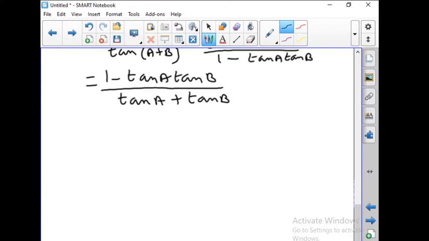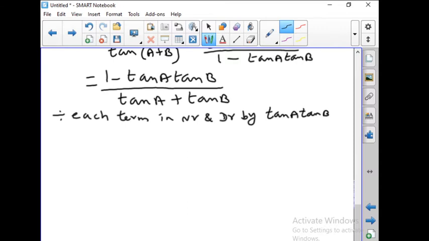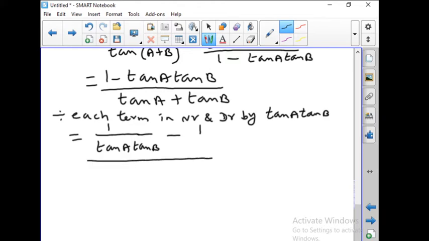So divide each term in the numerator and denominator by tan A tan B. We are dividing both numerator and denominator by tan A tan B. So this is equal to 1 by tan A tan B minus 1, then divided by tan A by tan A tan B plus tan B by tan A tan B.